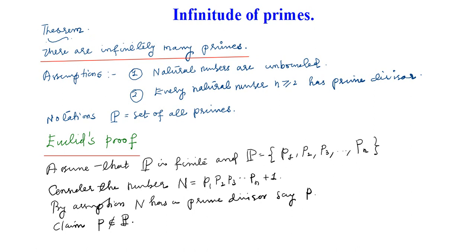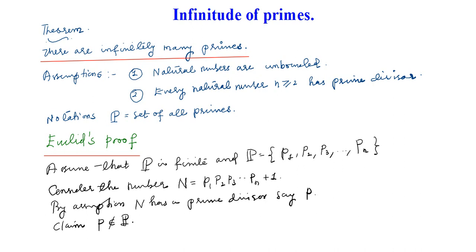In order to prove this fact, we are making two assumptions. First, natural numbers are unbounded. That means it's very clear: 1, 2, 3, 4, 5, 6, you can keep on counting and this is not going to end.